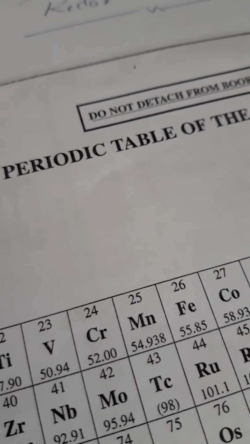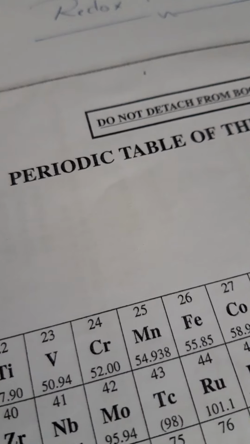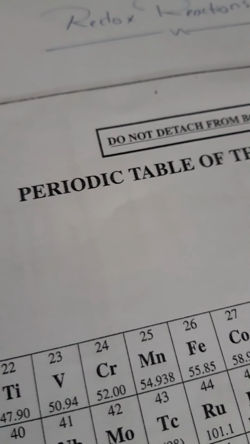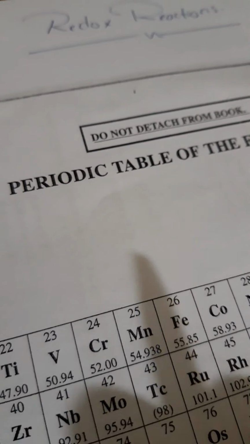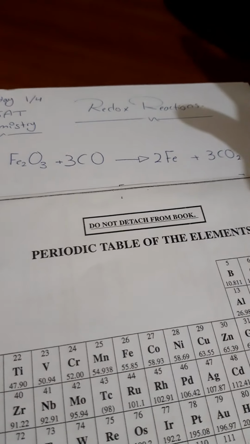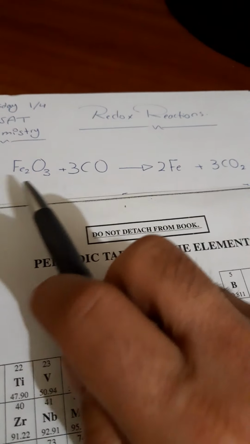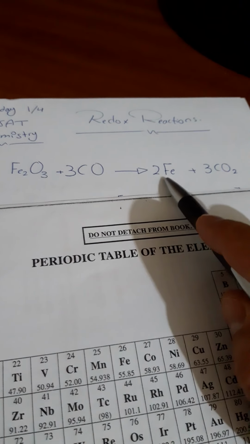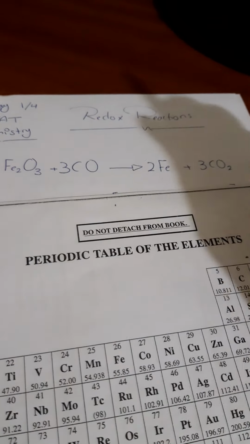So today I'm going to solve another question: which one is oxidized, which one is reduced from an equation, but using oxidation numbers, inshallah. We have this equation: Fe2O3 plus CO, carbon monoxide, gives iron, Fe, plus carbon dioxide.